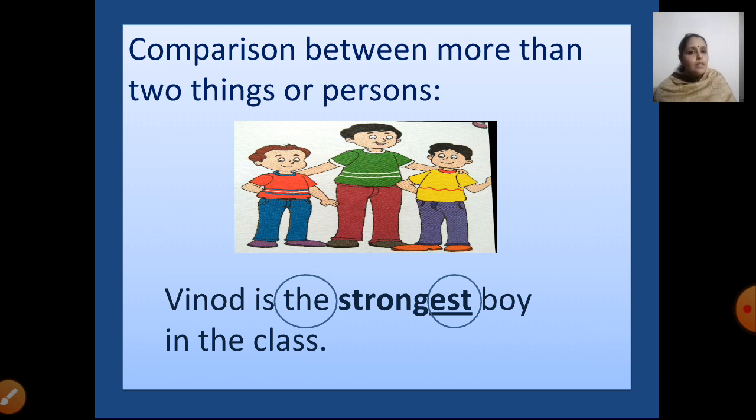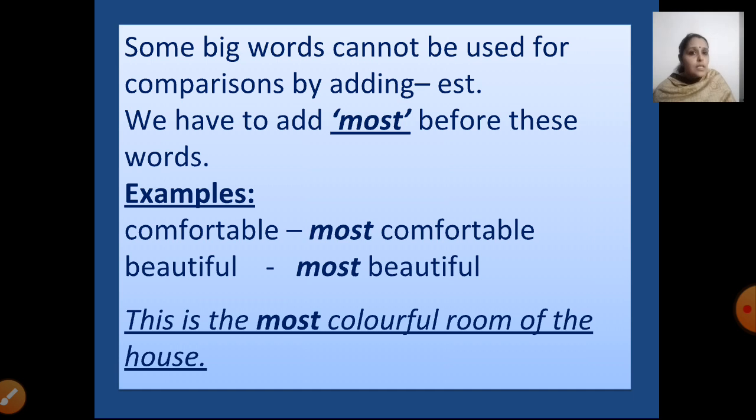Clear? Same here also, when there are big words, we cannot compare them by adding est. We have to add most before these words. For example, comfortable becomes most comfortable.